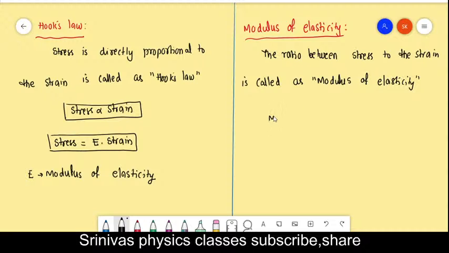It is denoted with E. The modulus of elasticity formula is stress by strain. Okay, right.